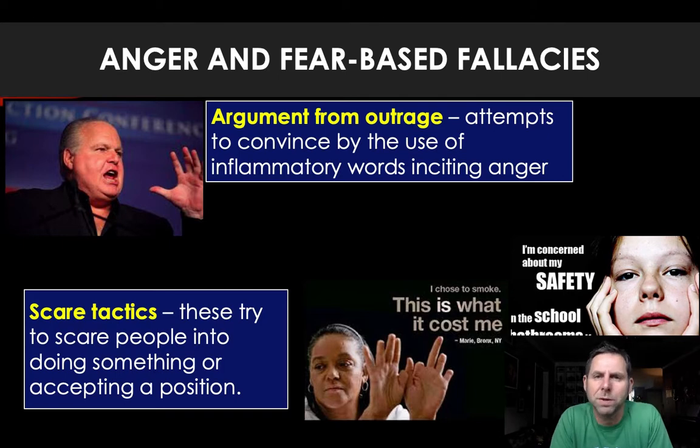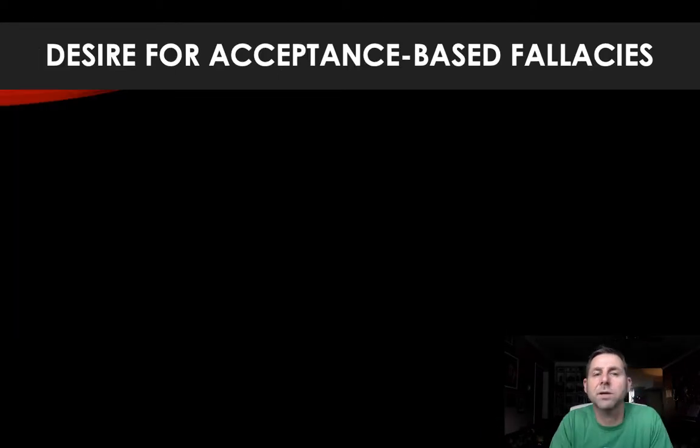What the Supreme Court said is that you can force a manufacturer to put down the reasons, the facts of the matter of why their product might be bad for you, but you can't force them to manipulate you emotionally through scare tactics by having them put this kind of picture on their own product.